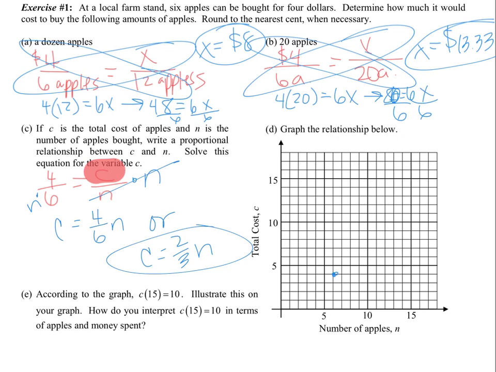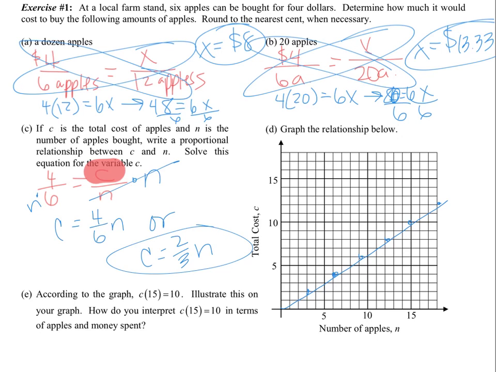I go up 4, 1, 2, 3, 4, over 1, 2, 3, 4, 5, 6, up 1, 2, 3, 4, over 1, 2, 3, 4, 5, 6. You'll also notice that it's the same thing as going up 2 over 3, up 2 over 3, up 2 over 3, and so on.